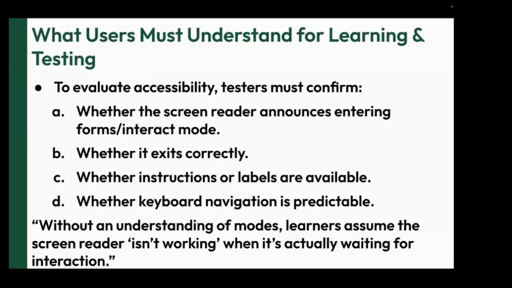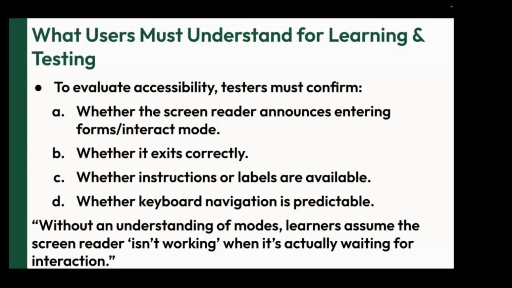So if you're going through our screen reader ropes course and you run into issues like, for example, the edit field won't take text, you can't select a drop-down, or nothing is happening when you tab, come back to our appendix and brush up on the different modes. Chances are that's probably your issue.